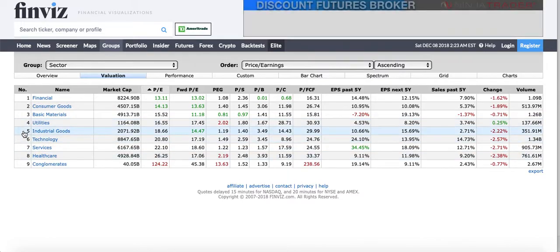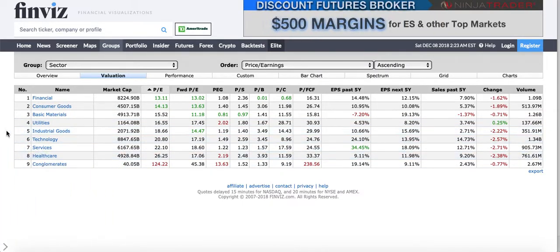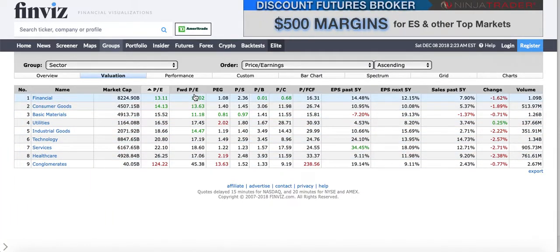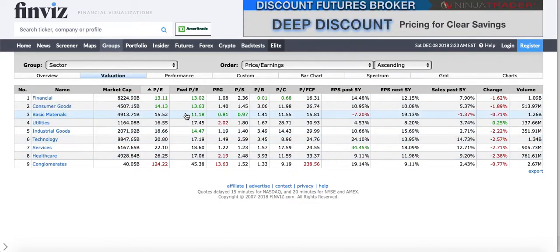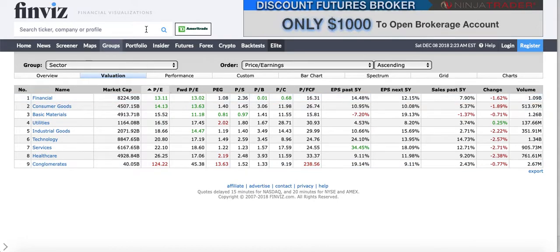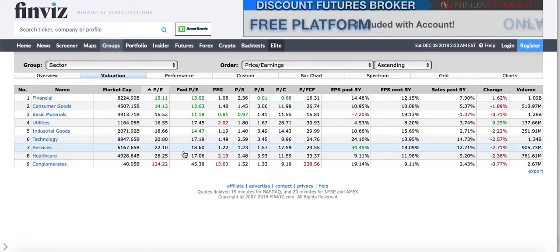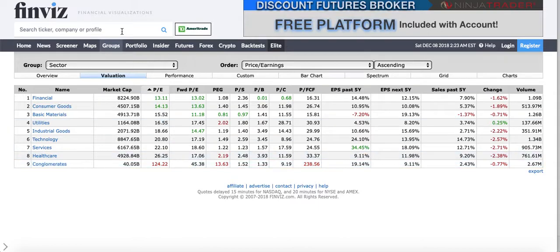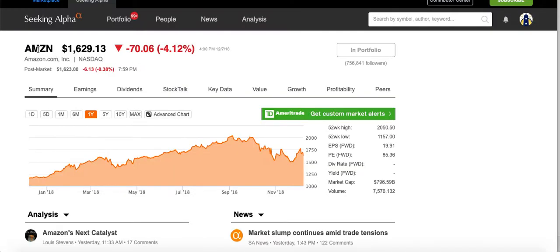So this gives you an idea on general PE ratios, where they are in terms of average. So you can see, okay, here's a conglomerate, 45. I don't know if you could call Amazon a conglomerate in the technical term, but they do have lots of different businesses all going at one time. Not all of them are related that much.